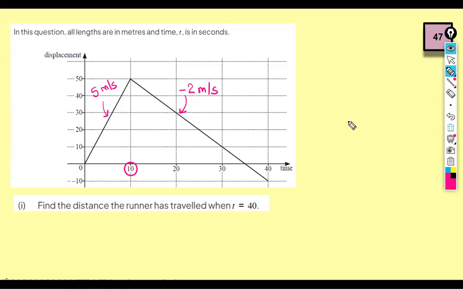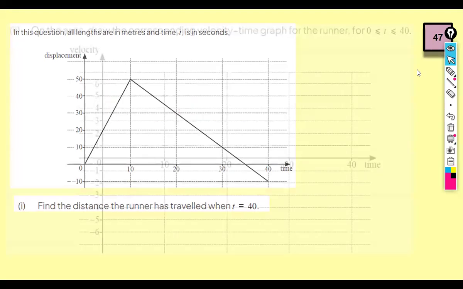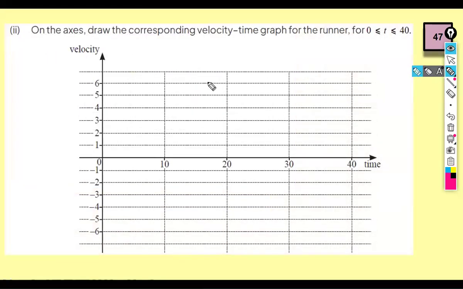So how are we going to draw this on the next graph? Remember, on this graph, the y-axis is velocity. For the first 10 seconds, isn't the velocity 5? So I'll draw it here in pink. And then for the remainder of the journey, the velocity is -2.